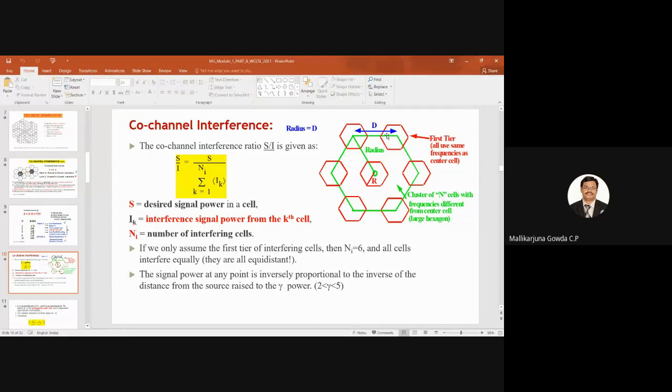So in the first tier there will be 6 cells which will be interfering with the center cell, and all these 6 cells will be using the same set of frequencies. They are all at equidistance from the center cell.